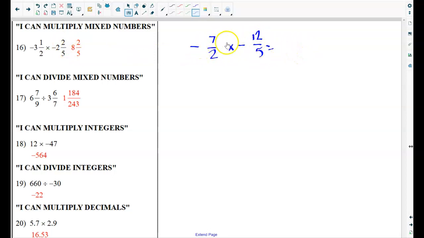So negative times a negative, right? Our Dorito is going to tell us it's positive. 84 over 10. You guys can divide it out. The top dog inside: 10 goes in here 8 times. There's 4 left over after dividing by 10. And you gotta love this, right? 2 divides 4, 2 divides 10. So once we take out the 2, we get 2 over 5. Okay? Alright.